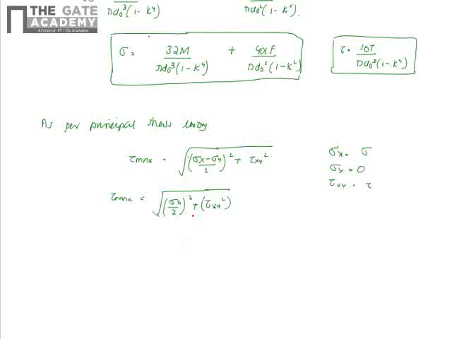Therefore, substituting for the above parameters, we get tau max equals 16T by pi Do cube into (1 minus k power 4) into square root of ((CBM into M plus alpha F Do into (1 plus k square) divided by 8) whole square plus (Ct into T) whole square).